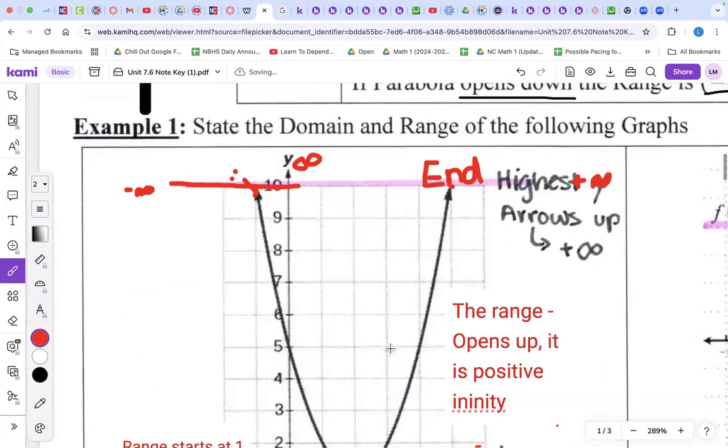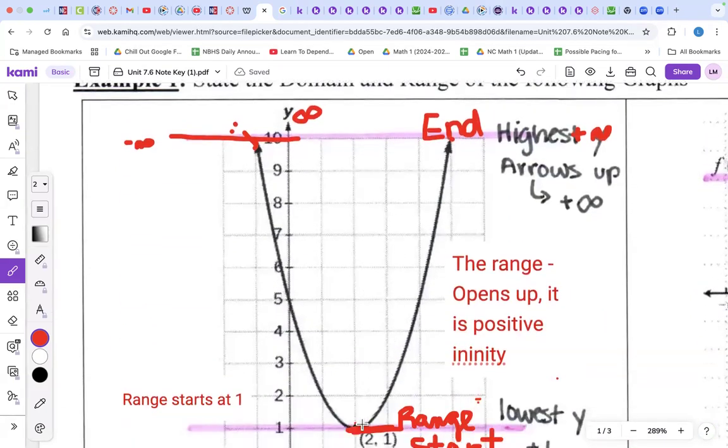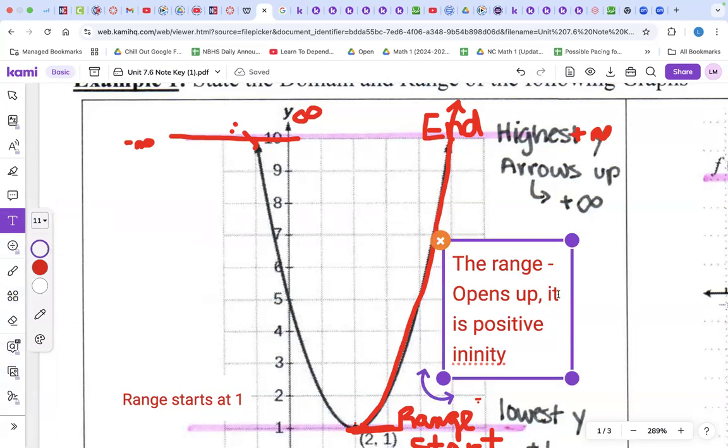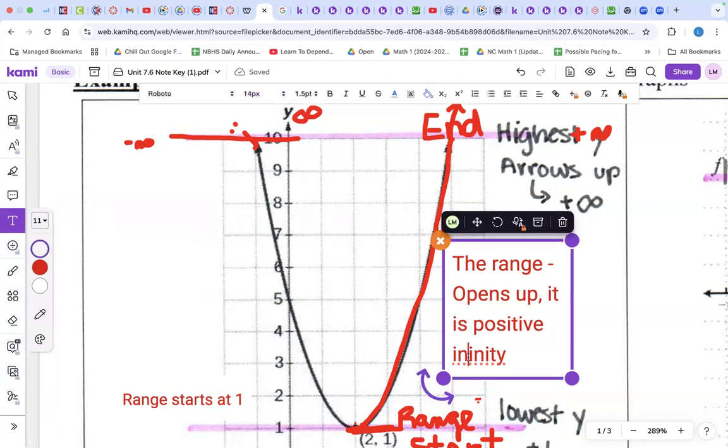Now, where is our range going? So it starts here and it is going all the way to positive infinity. So whenever your parabola opens up, the range is positive infinity.